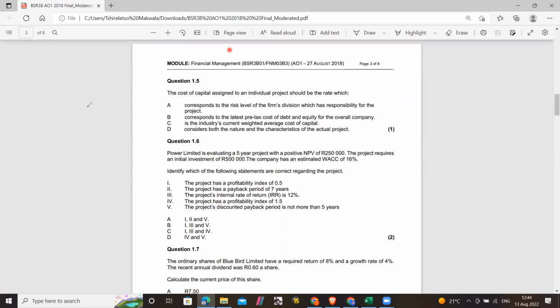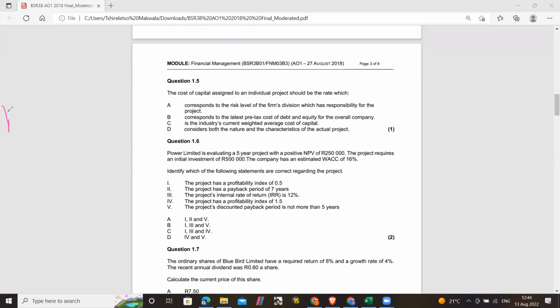Because I'm not sure you're doing it, I'm just going to give you the formula for the profitability index because this is really not important. Sometimes they call it the profitability index or they call it NPVI, net present value index, so this is the same thing.